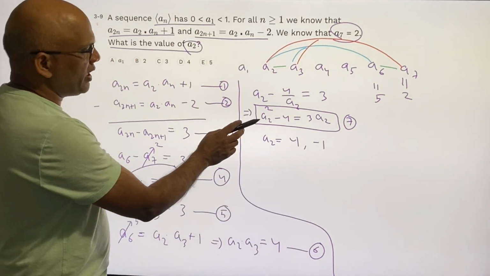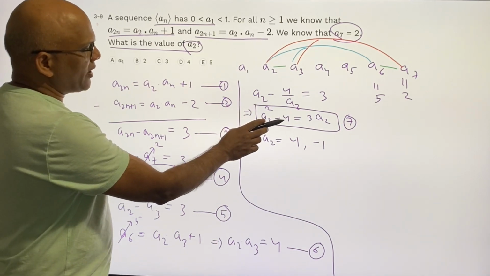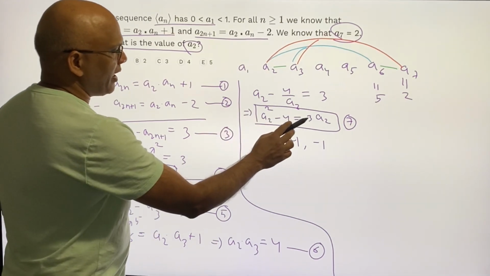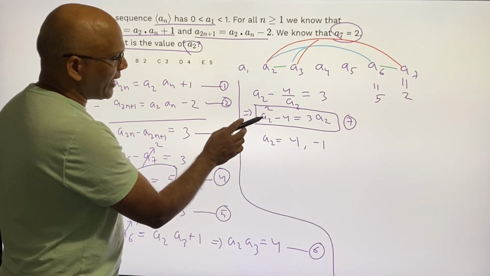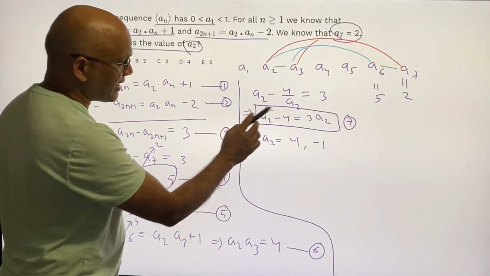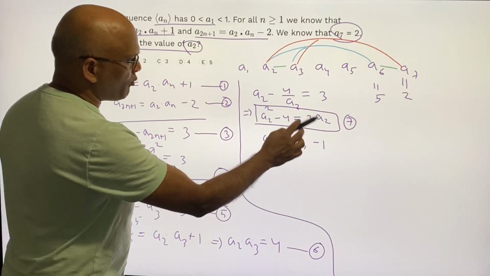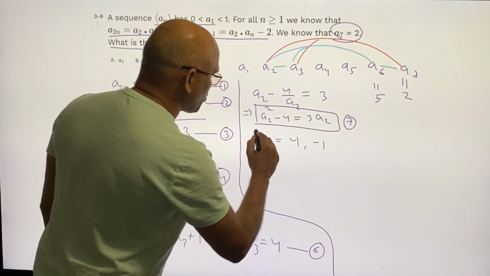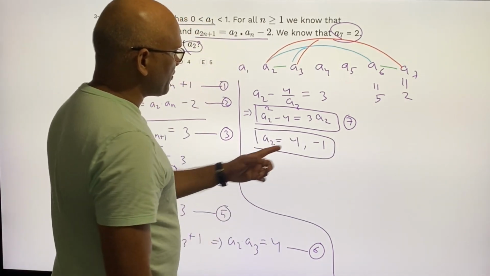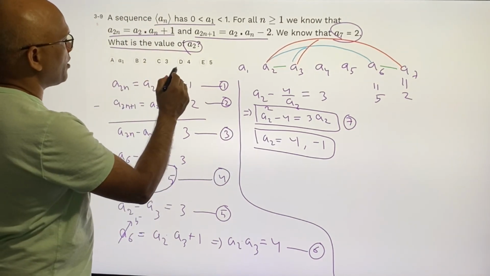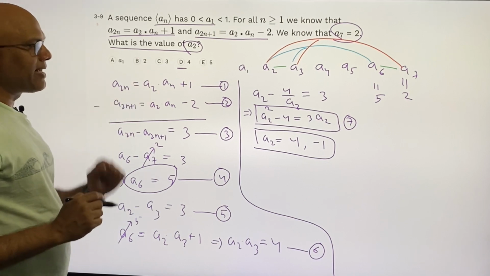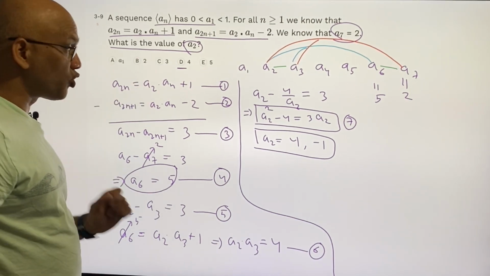If it is 4, then 16 minus 4 is 12, and 4 times 3 is 12, so 4 is a solution. -1 squared is 1, minus 4 is -3, so 3 times -1 is -3. These are the two possible choices, 4 and -1.